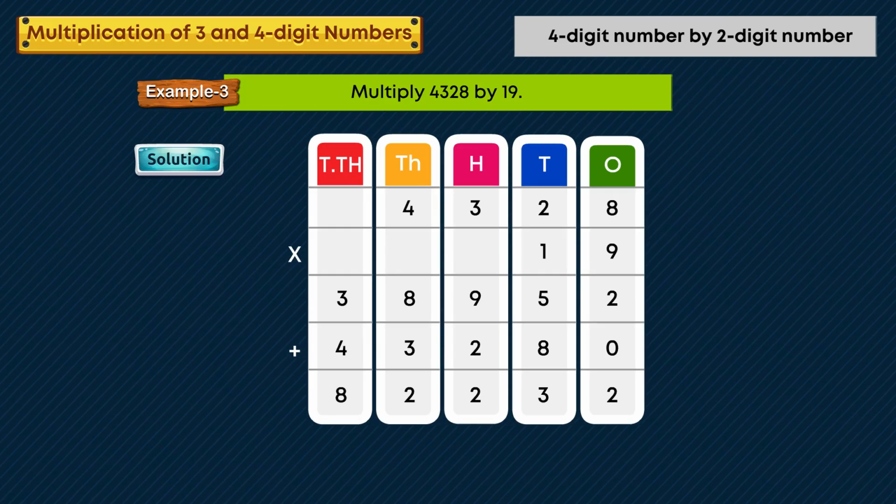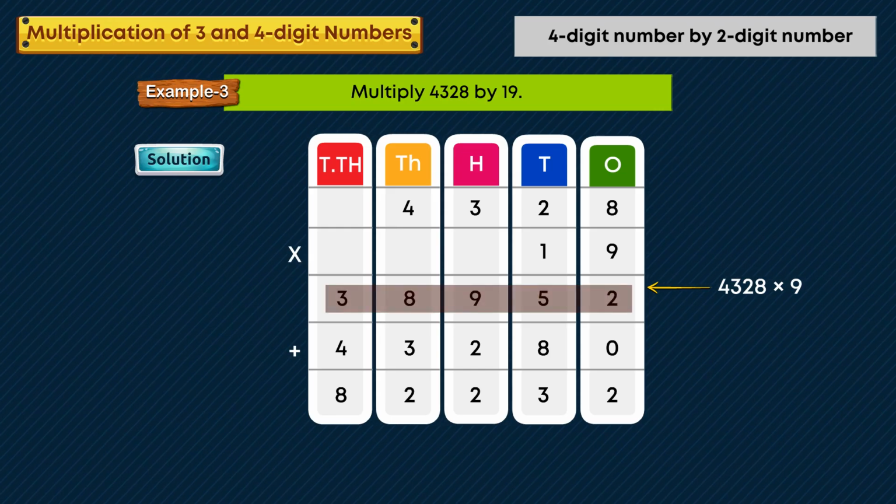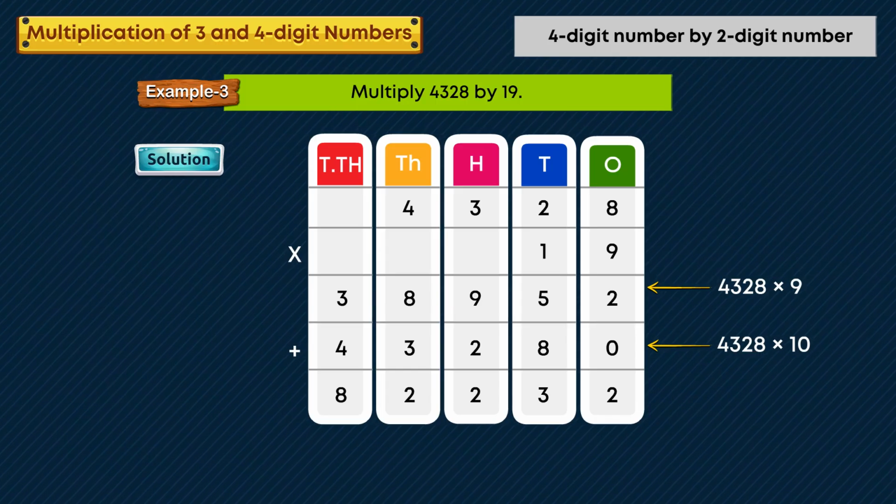Now multiply ones place. 4,328 into 9 is equal to 38,952. And 4,328 into 10 is equal to 43,280.